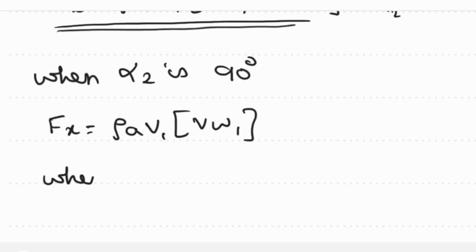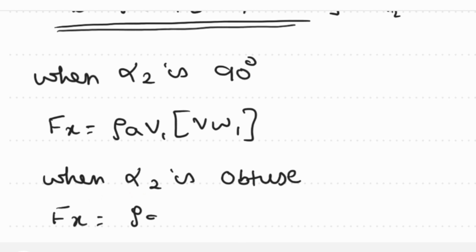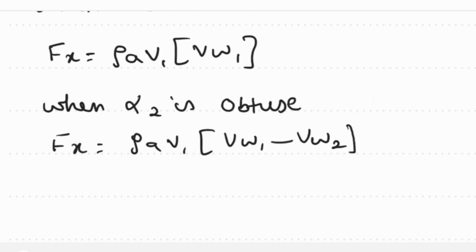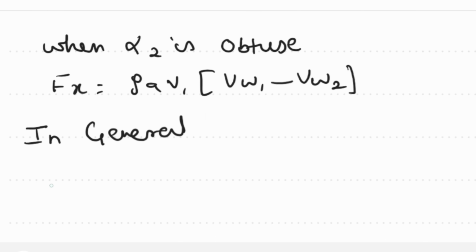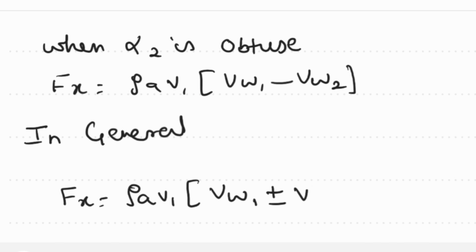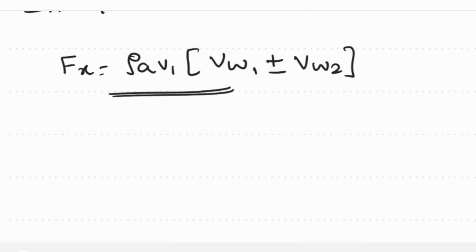When alpha 2 is obtuse, Fx is equal to rho into A into V1 into Vw1 minus Vw2. So in general we can write the equation as Fx is equal to rho into A into V1 into Vw1 plus or minus Vw2. So this is the force exerted.